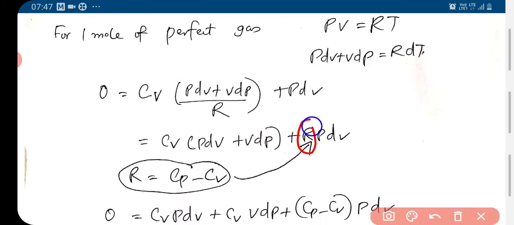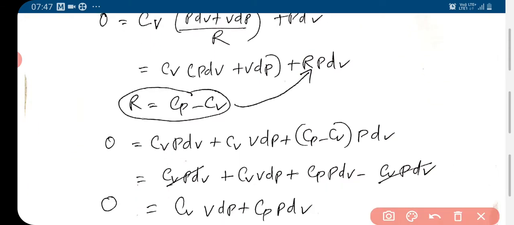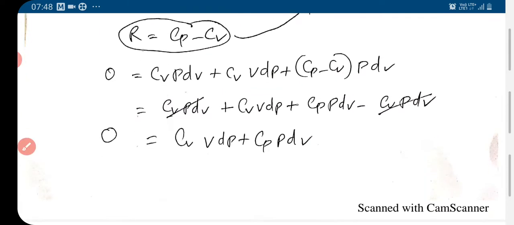And for this R, I am substituting Cp minus Cv. So this is Cv times P dV plus V dP, plus Cp minus Cv times P dV. That is Cv P dV plus Cv V dP plus Cp P dV minus Cv P dV.